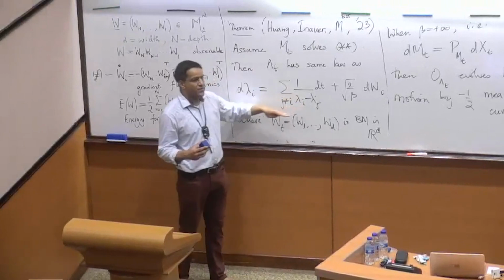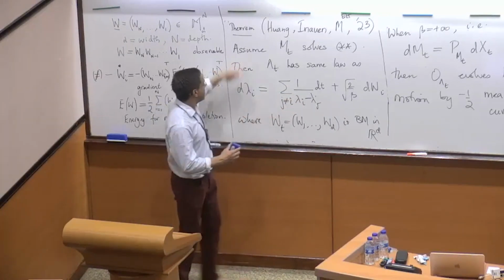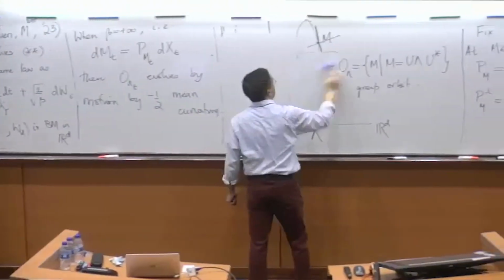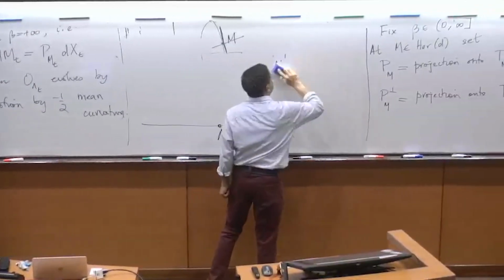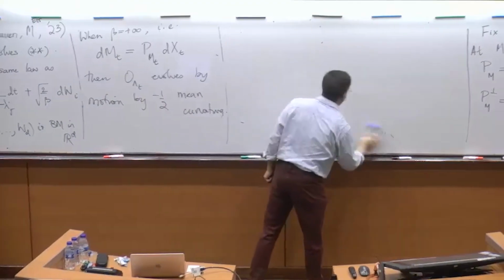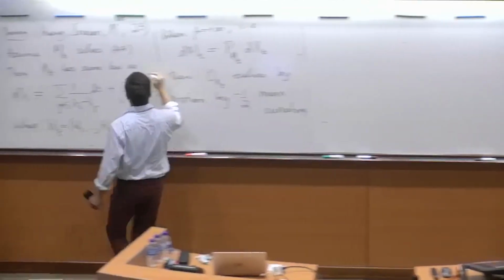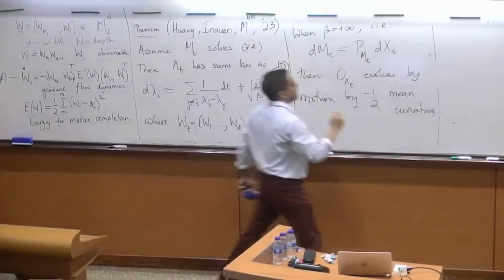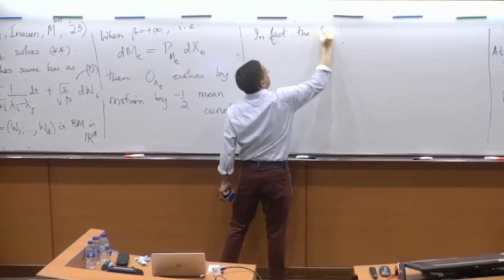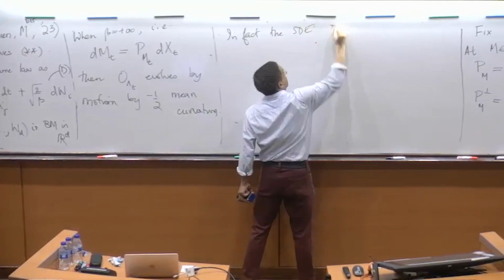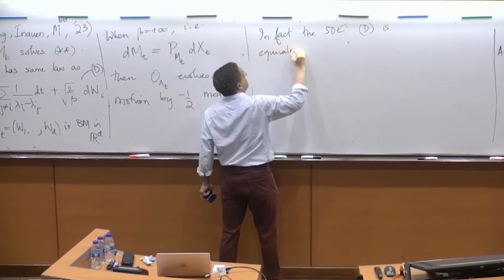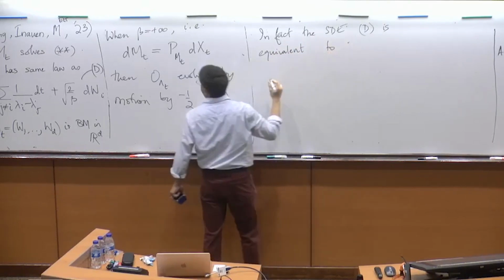Further, it turns out, let me write this out another way. Let me make another remark, and this is an important one because this is a principle that we've played with a lot. So here's another point that I should make. This is, let's call it D. In fact, the SDE D is equivalent to, let me write it out in the following way.